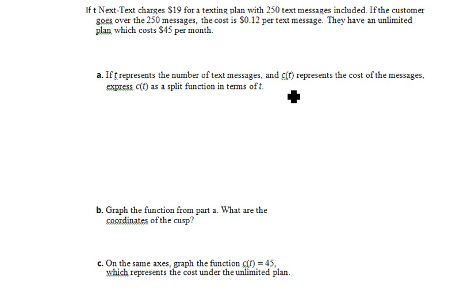Alright, let's see. We have C of T, which represents the cost of the messages. Express C of T as a split function in terms of T, or a piecewise function. Here we're going to write out C of T is equal to, put our brackets.